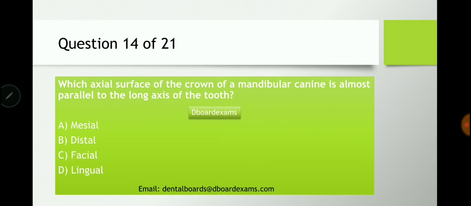They usually have a long crown, so you have to know which side is mostly parallel. Usually the mesial side is mostly parallel to the long axis. So the answer here is going to be A. If you know the anatomy, instead of just memorizing words, you also have to look at the actual teeth. It makes it very easy. So the answer is A.